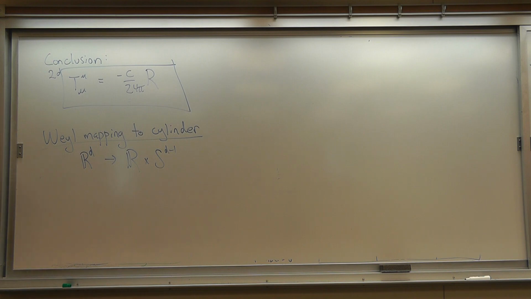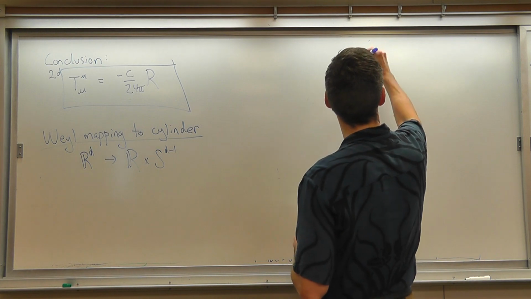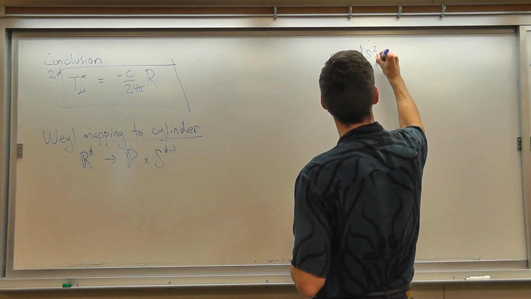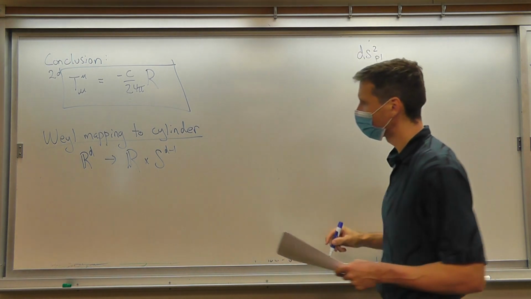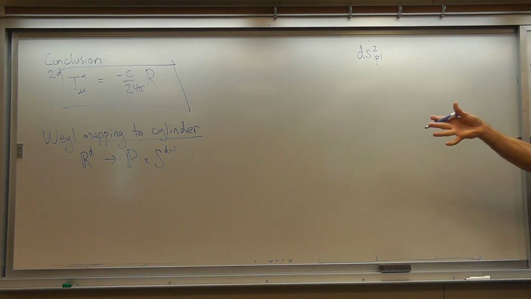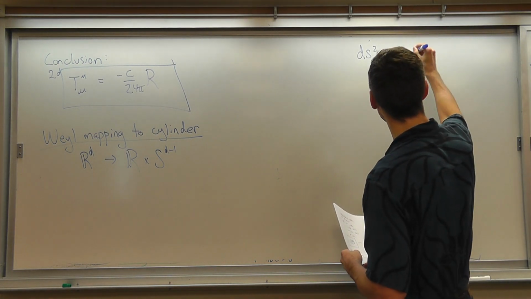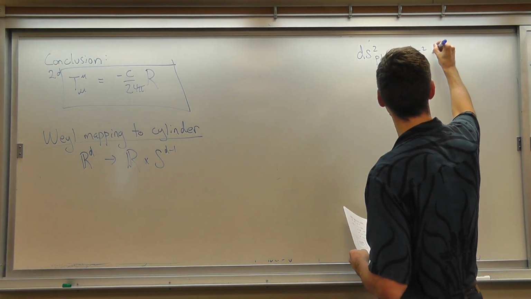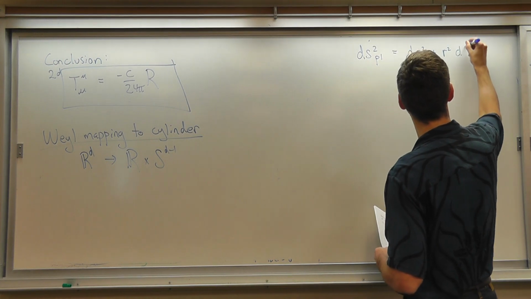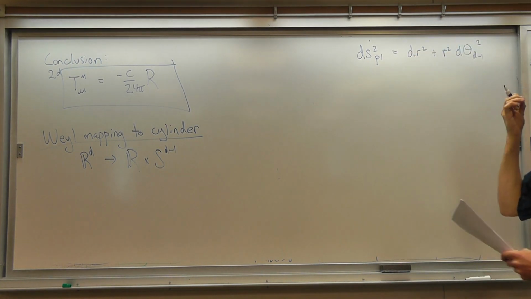That's pretty easy to do. We just take our metric on the plane, meaning Euclidean space. The metric on the plane in polar coordinates is dr squared plus r squared d theta_(D-1) squared, where that's a coordinate on the sphere.